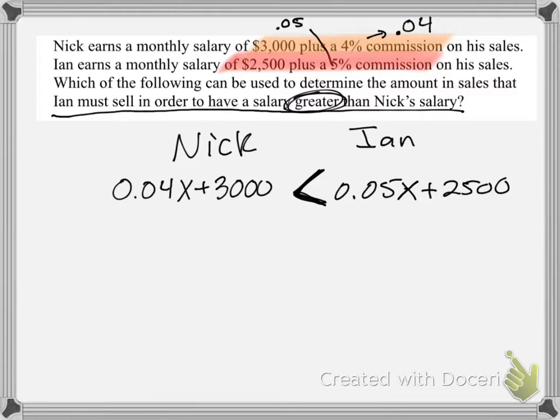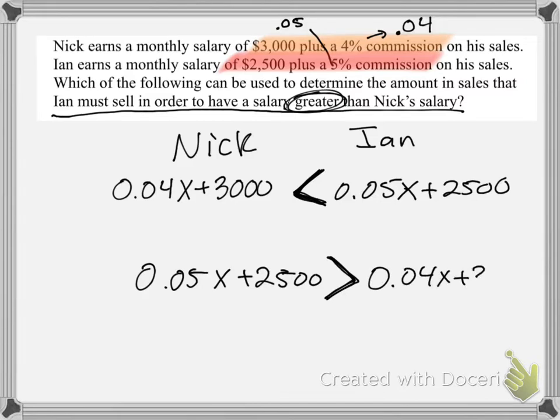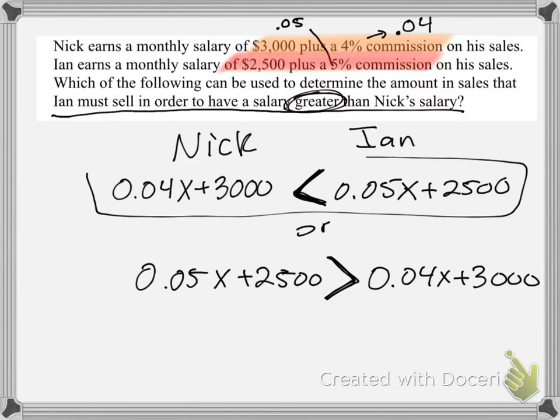Or you can write it the other way, where we flip Ian and Nick, and we got 0.05x plus 2,500 is greater than Nick, which is 0.04x plus 3,000. Okay, so you can have this one where it compares Nick to Ian or Ian to Nick.